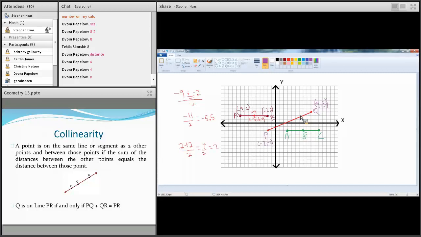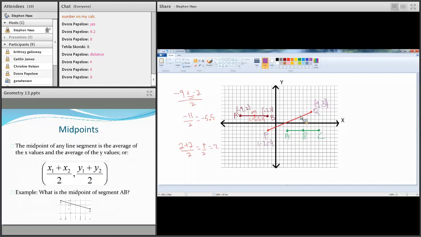Again, simply count them off, or you could just measure the distance in points. Either way, we know that B is on the AC segment because of the fact that AB plus BC equals AC. Certainly 4 plus 4 equals 8. That's one way to prove collinearity, and again, it's an extremely simple concept.